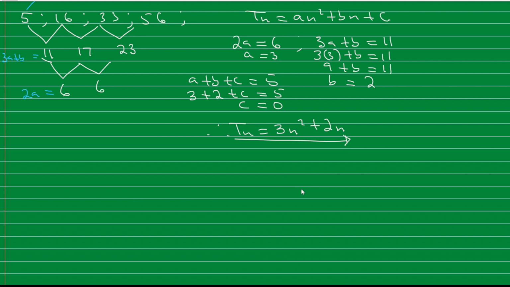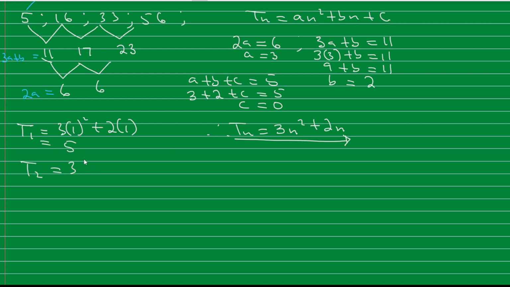If you want to test it, you can have your T1. T1 is 3 times 1 squared, I'm substituting here, plus 2 times 1, which will give me 5. What is my T2?